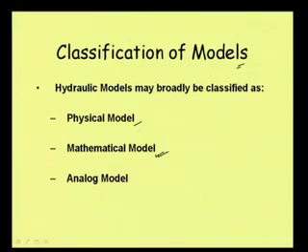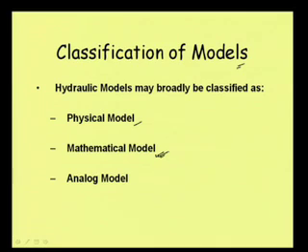And of course, numerical solution without a computer is not possible. A lot of small steps of calculations are required, and that will make it a problem. But with a computer we can solve those equations very easily, and that's why nowadays the mathematical model is becoming very popular. Of course, they have some limitations, the physical model as well as the mathematical model.